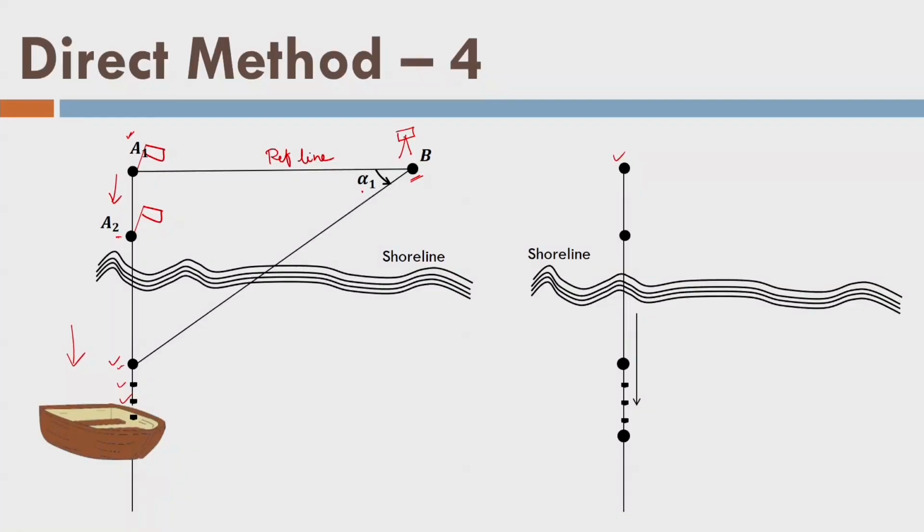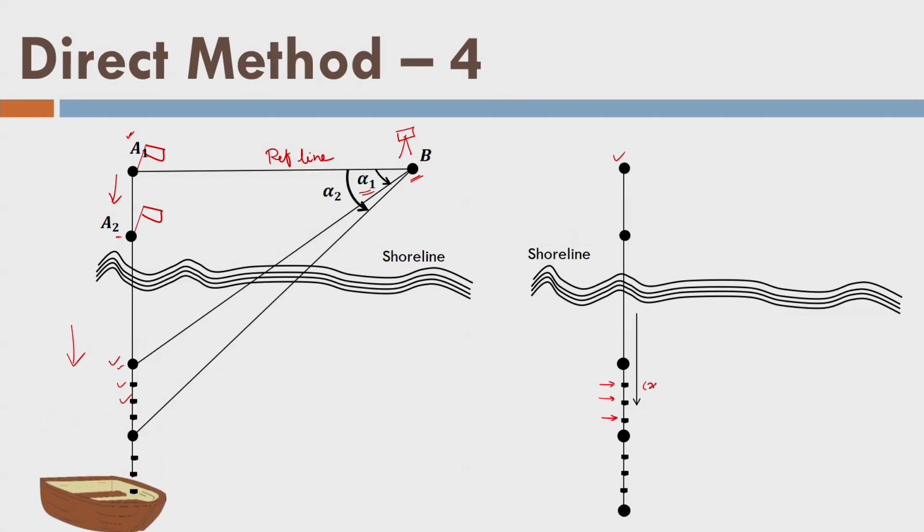At the same time, I am measuring the angle alpha. This angle is alpha 2. We will repeat this process like this. I am noting down here x, y, z, that is x1, y1, z1, here x2, y2, z2, and x2, y2 is calculated later by these distances.